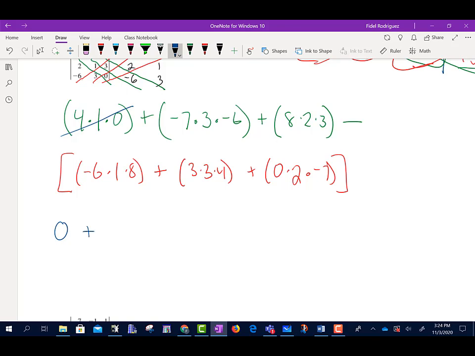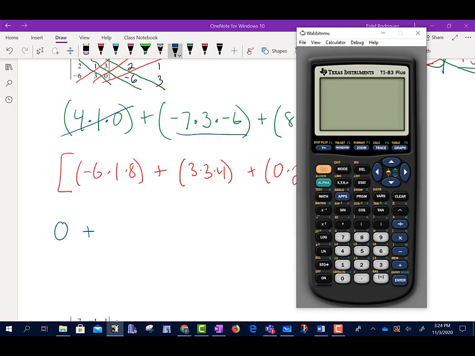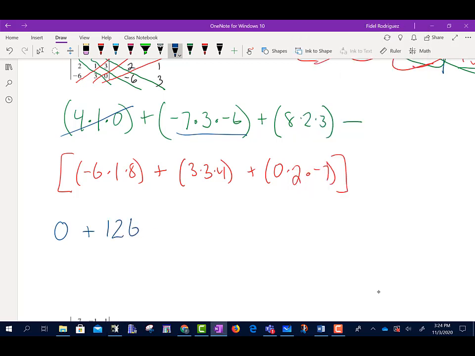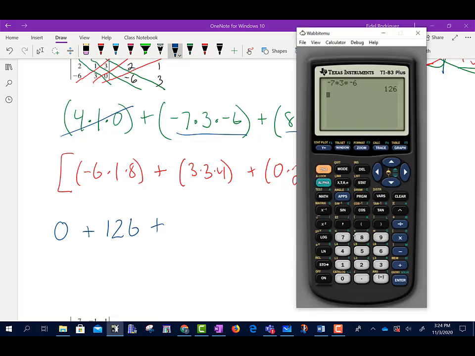0 plus, let's see. We're going to multiply these numbers together. Let me get my calculator here. Okay, so I have negative 7 times 3 times negative 6, 126. Okay, plus, I got to take 8 times 2 times 3. 8 times 2 times 3 should be 48.